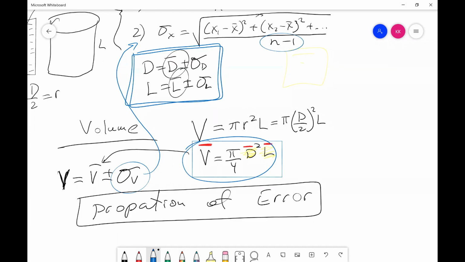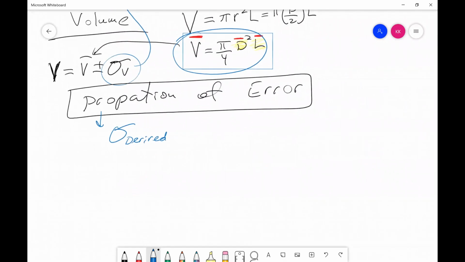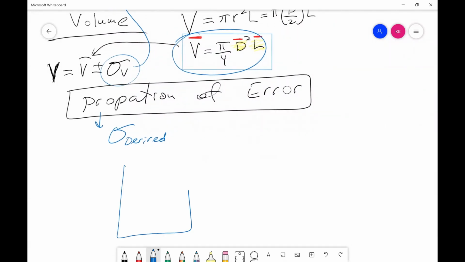The question here is this: propagation of error allows us to find the uncertainty of derived quantities, like volume. Let me give you another example, which we'll be using in the actual handout. Let's say I have a sheet of paper like this.